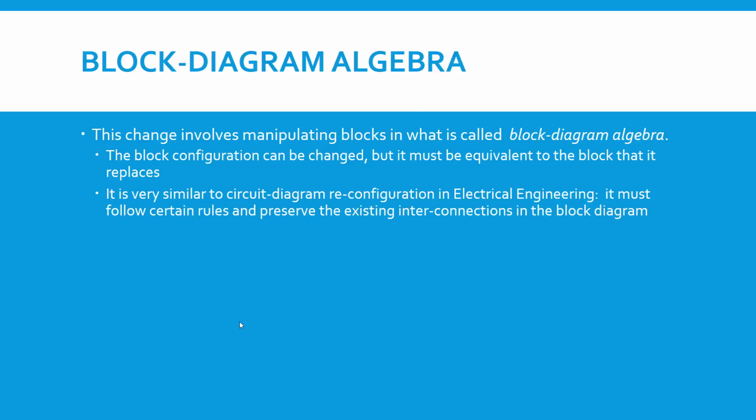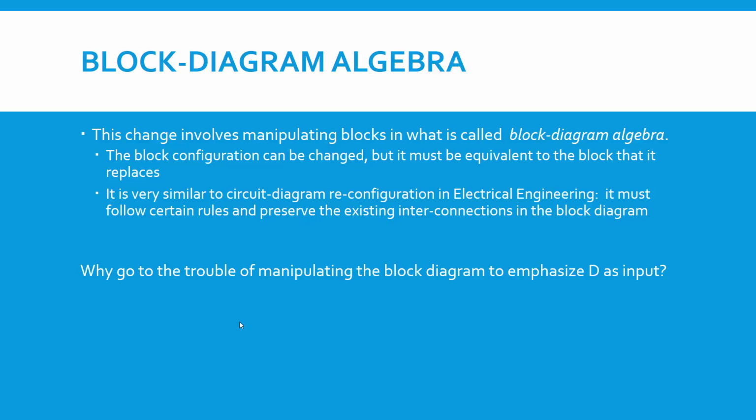This is very similar to redrawing circuit diagrams in electrical engineering. You can't just change things willy-nilly. You have to preserve the existing relationships between the components in that electrical circuit, but you can redraw the system to emphasize a certain point or to make the function of the system more clear to someone who is looking at that diagram.